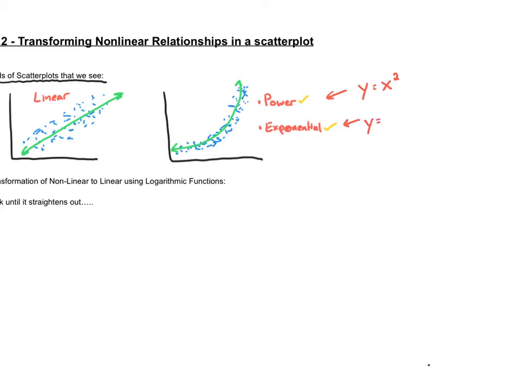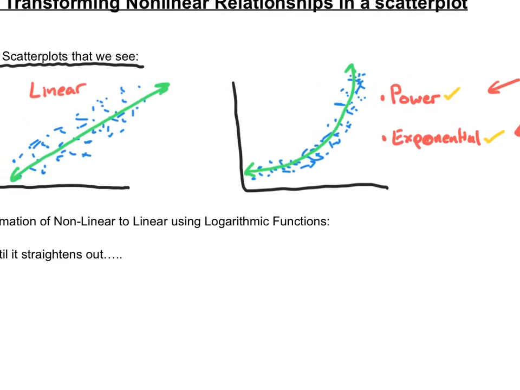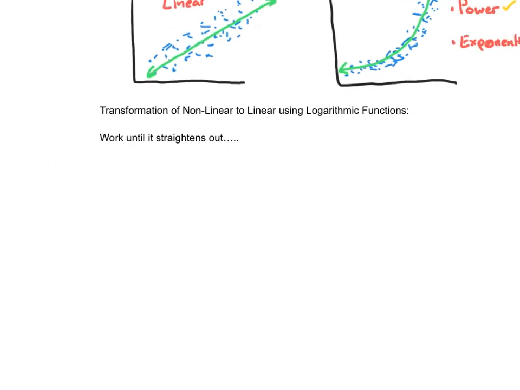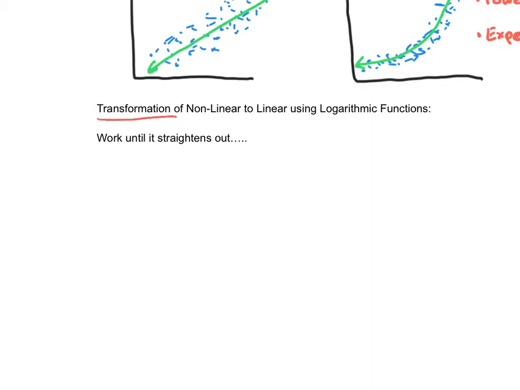Exponential is y equals some value to an exponential power. So it really starts changing pretty drastically then, right? So those are the different pieces that we're going to be looking at. Exponential or power, they both have a curve to them, and they could curve up or curve down.